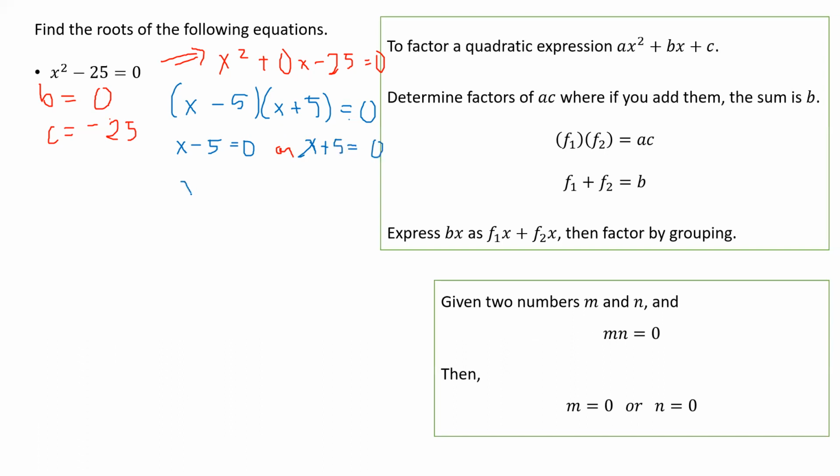And now that means x is equal to 5, this is one of the roots, or x is equal to negative 5. And these are the two roots of the quadratic equation.